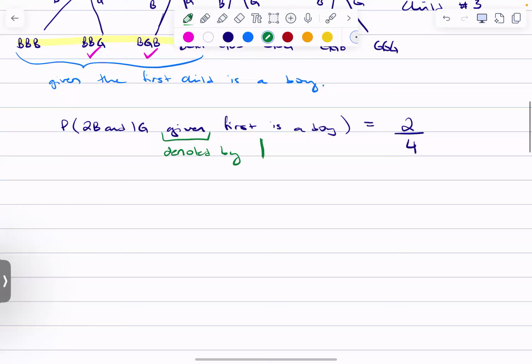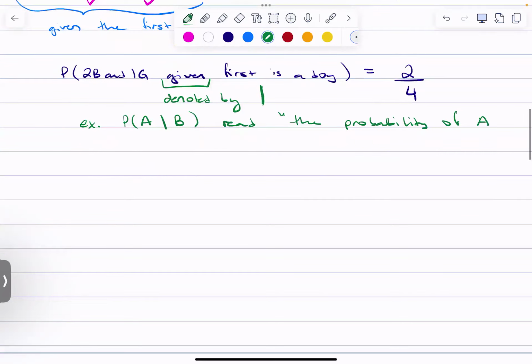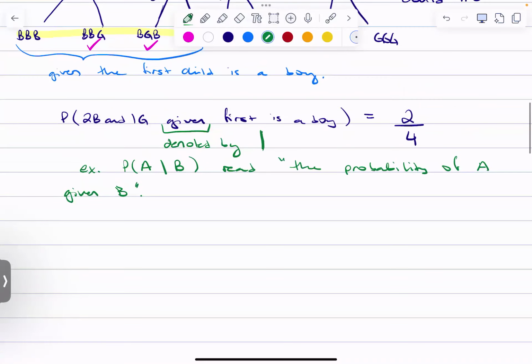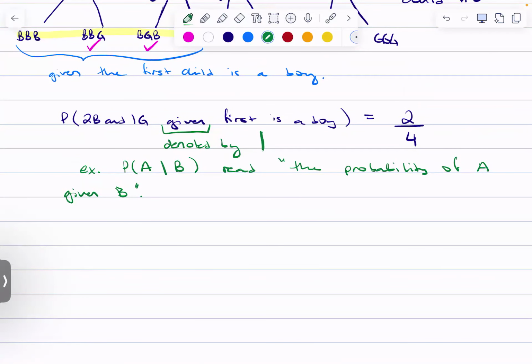And so, for example, we can write the probability of A given B. You're going to read this as the probability of A given B. So we use that shorthand of the vertical bar to denote a conditional probability, right? Knowing that B happened, that's going to affect the probability of A, potentially. Okay.